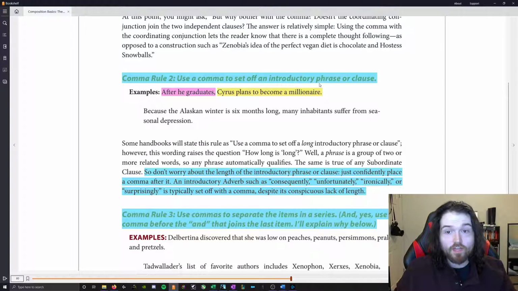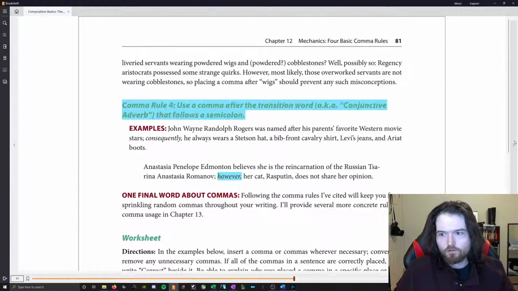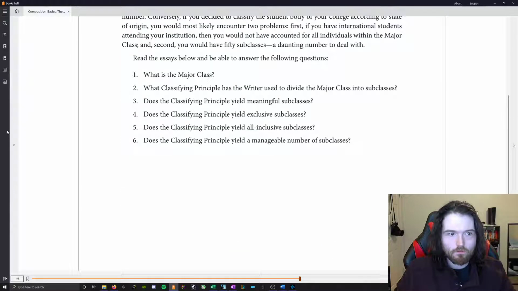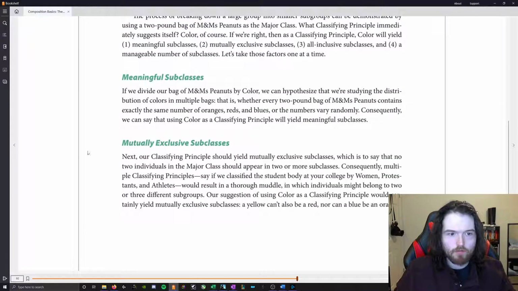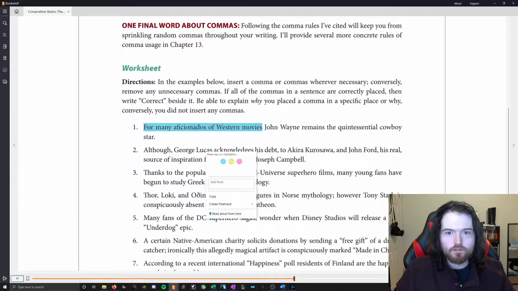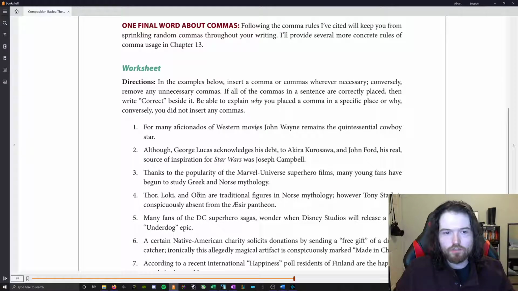Use a comma to set off an introductory phrase or clause. Okay, do we have one of those? I keep on getting mixed up where we're at. There we are. For many aficionados of Western movies, John Wayne remains the quintessential cowboy star.